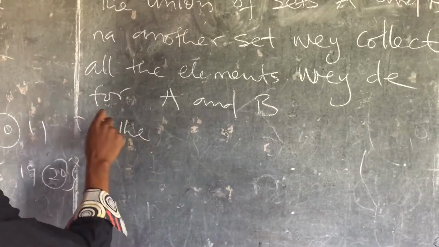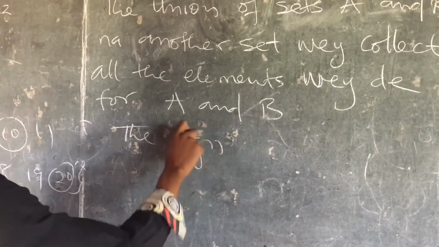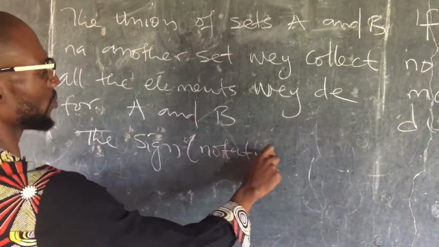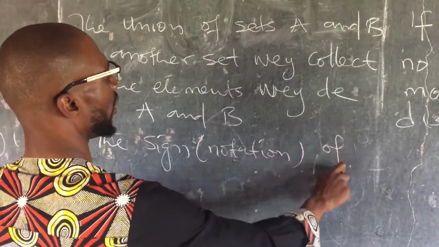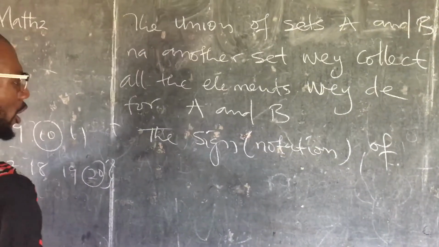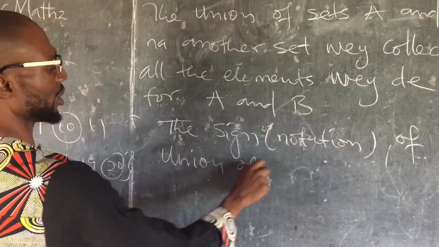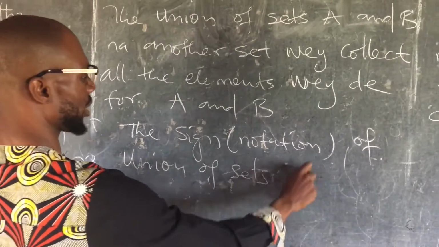Our sign or notation for union of sets, now something like this.